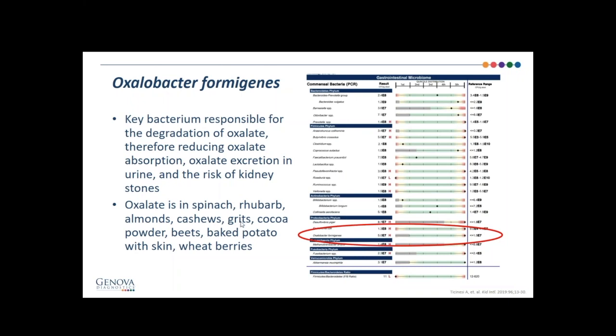Oxalate is in a few different foods like spinach, rhubarb, almonds, cashews. The list is there. We don't know a lot about when or how people become colonized with Oxalobacter, or even the persistence of it over time. It's present in very low relative abundance to everything else, and it's not really a core component of microbial communities despite its relevant function.